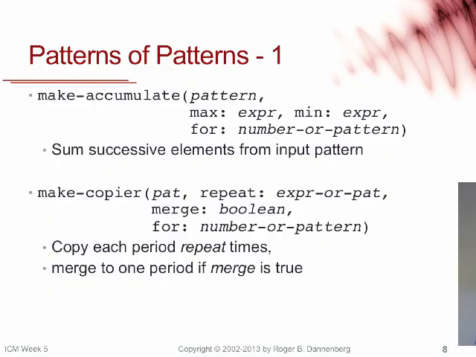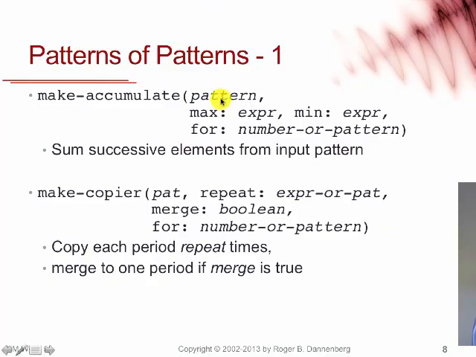So this is all an introduction to the idea of patterns, and we'll take a look at this. There's a pattern called make accumulate that sums successive elements from an input pattern.